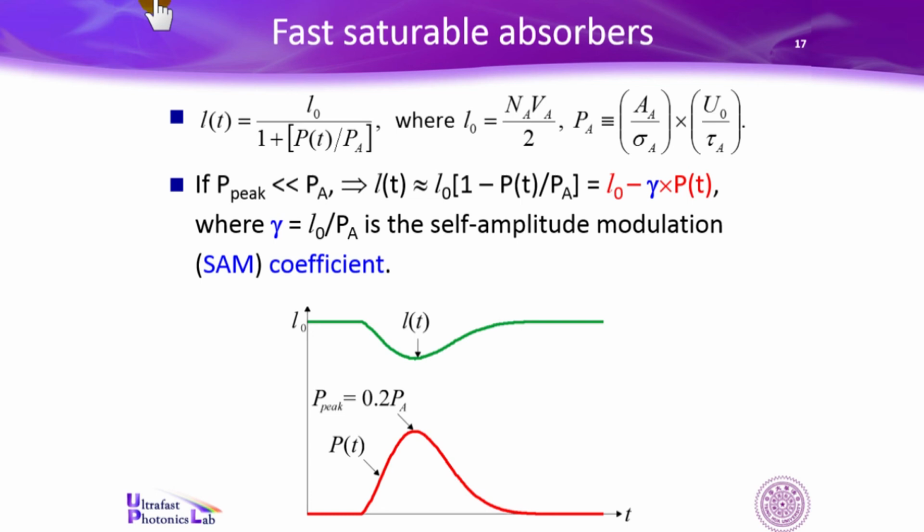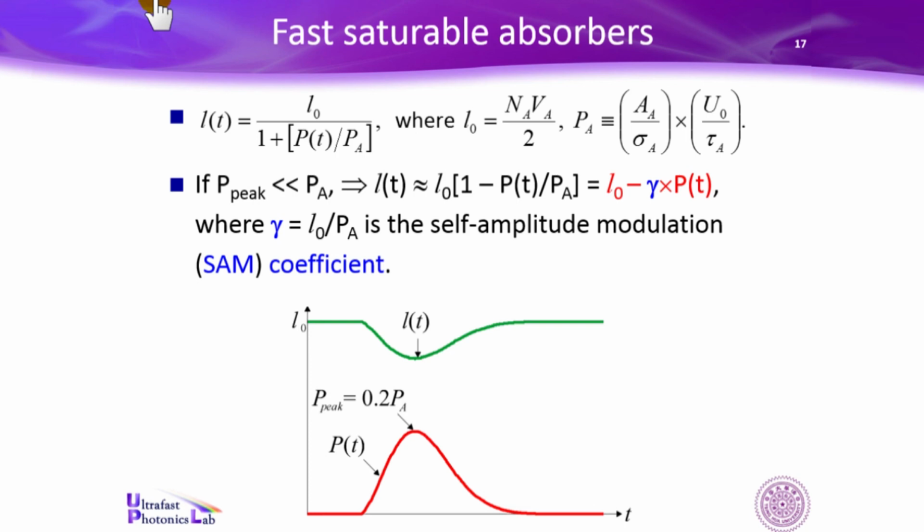If you have a triangular pulse, P of t is a triangular function, then the L of t response is a triangular function. If this is a square function, you get a square loss curve. So the loss totally depends on the driving power. So that's why it's referred to as self-amplitude modulation.